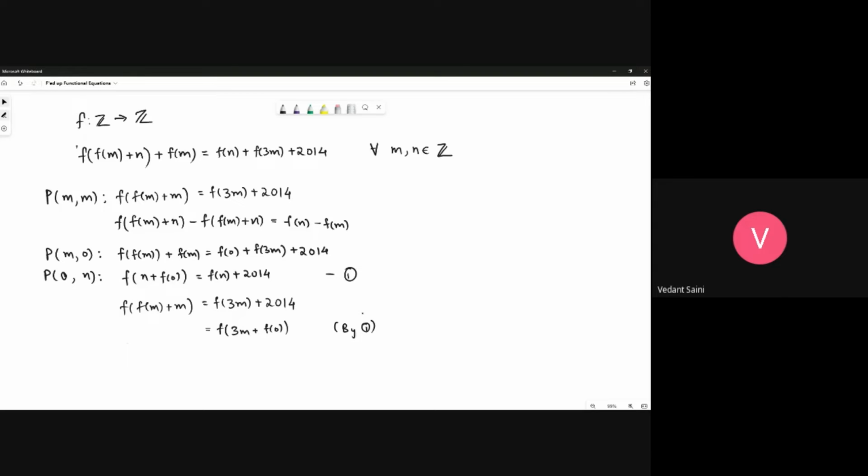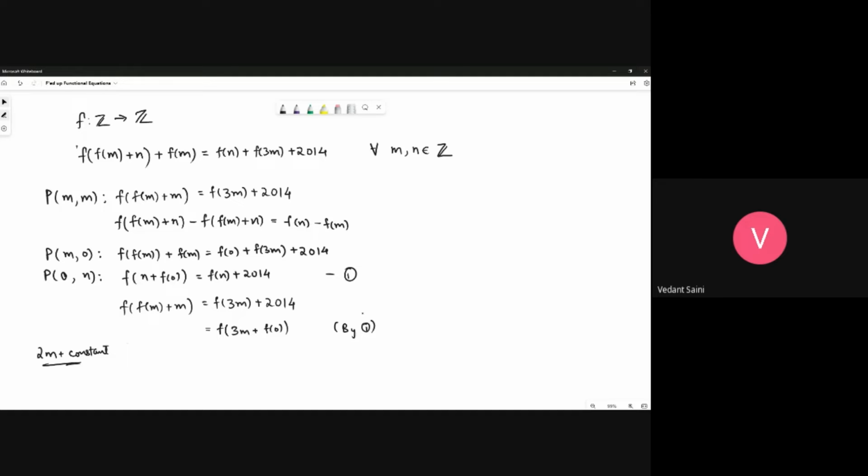Yeah, something like that. 2n plus f of 0, 2n plus some constant. Yeah, constant can be 0 too. So we'll see if this turns out to be the case.